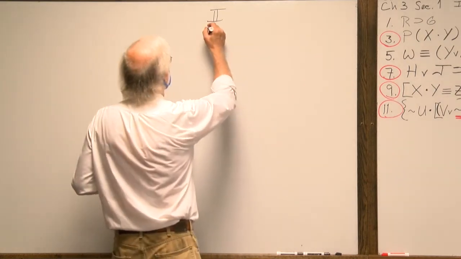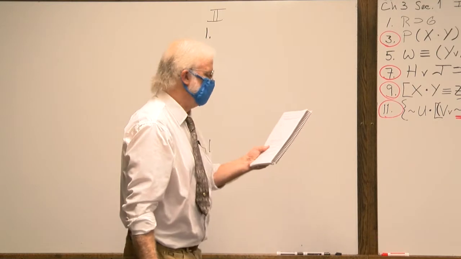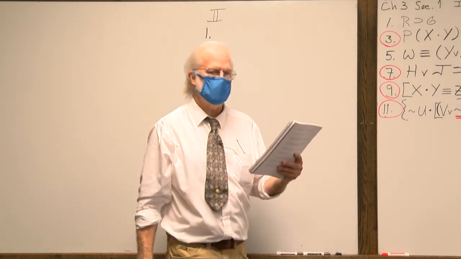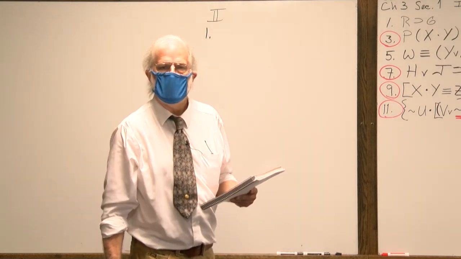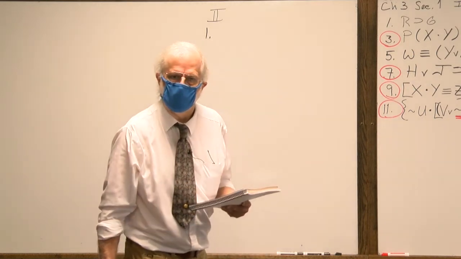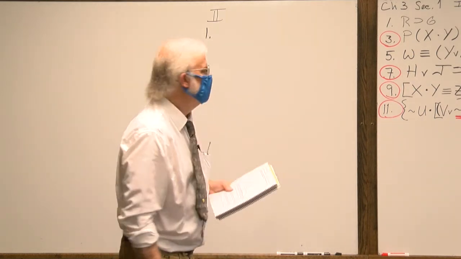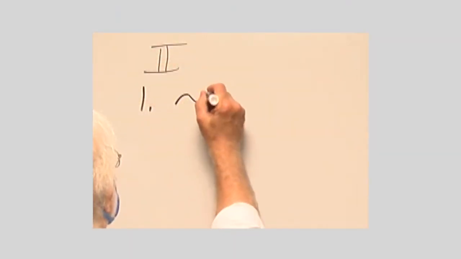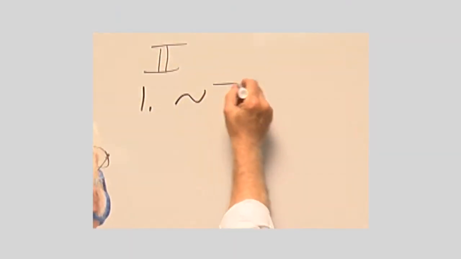So in number 1 here, if I means inflation is on the rise, how would we translate inflation is not on the rise? Correct. What we would do is to put a tilde in front of the I, not I. This means inflation is not on the rise.